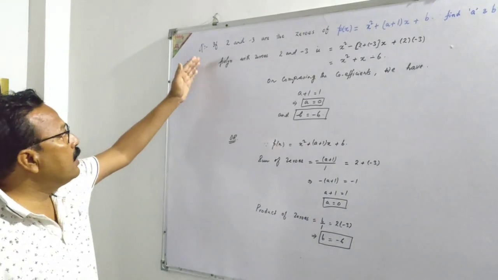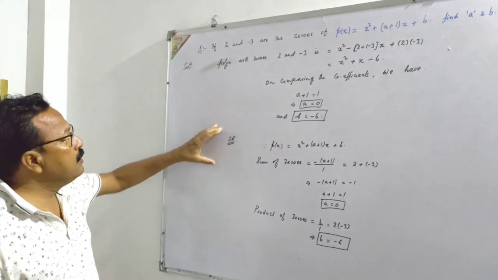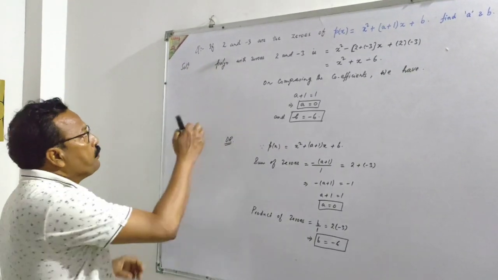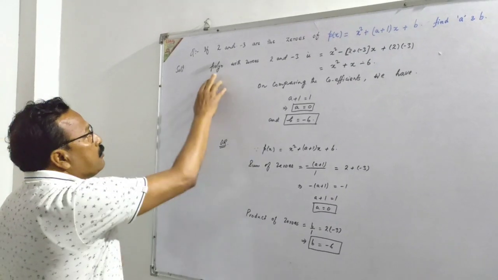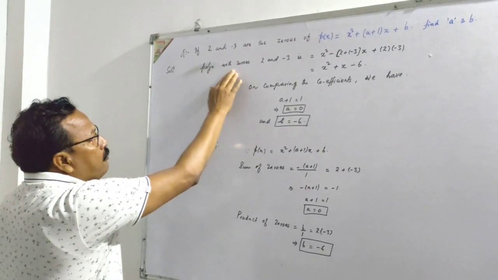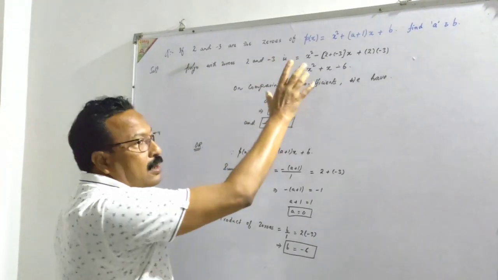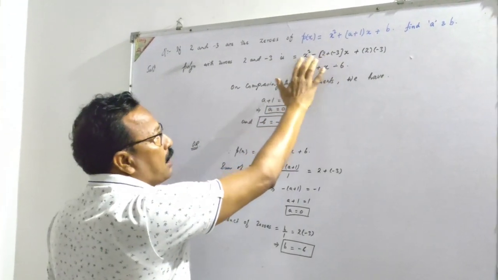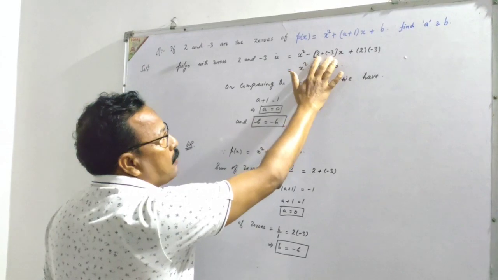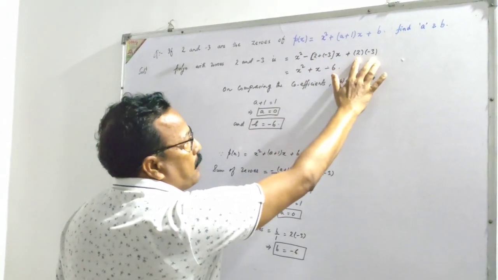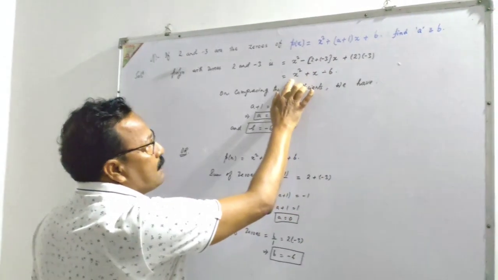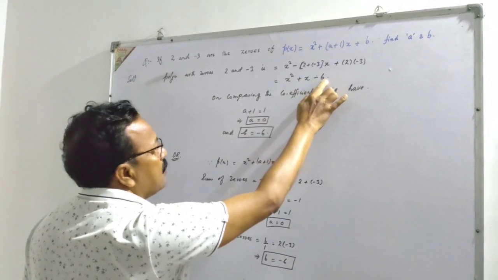And now here 2 methods have been given for you. This one is method 1, the polynomial with zeros 2 and minus 3. When the zeros are given, we can obtain x square minus sum of the zeros into x plus product of the zeros, which is x square plus x minus 6.